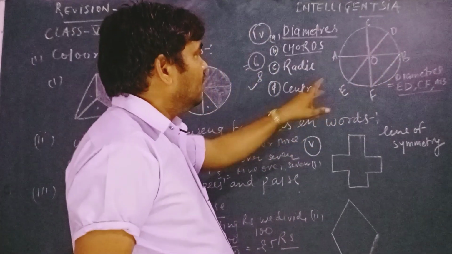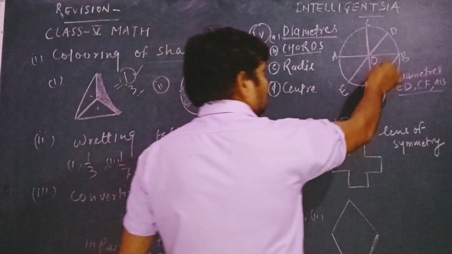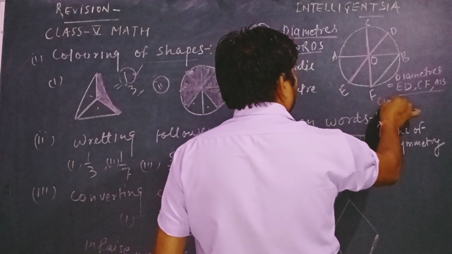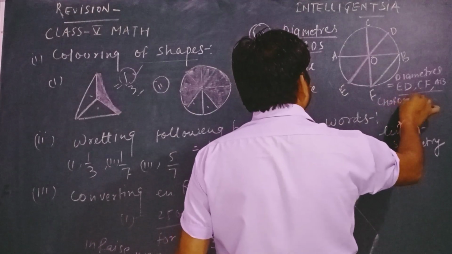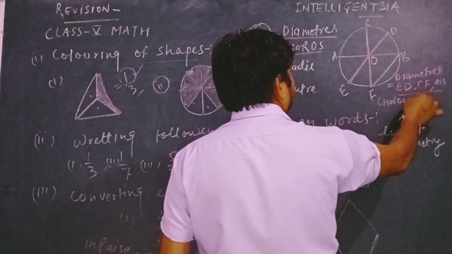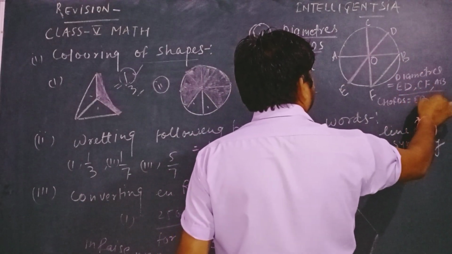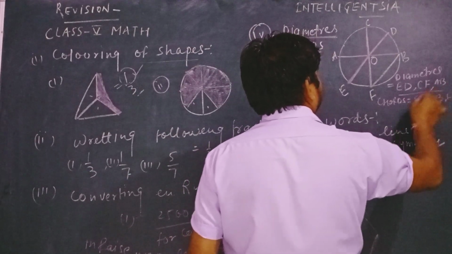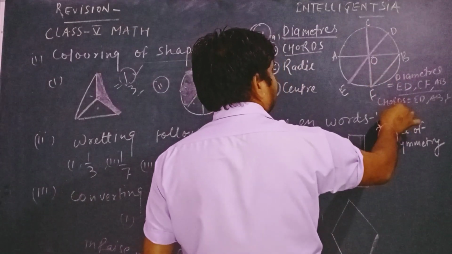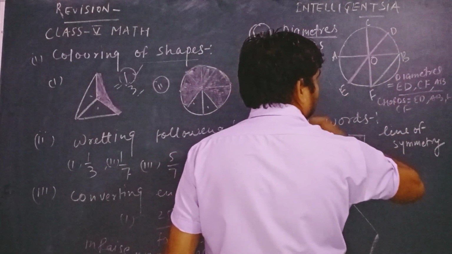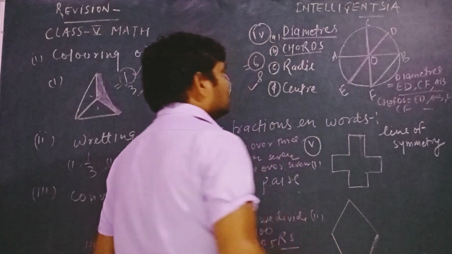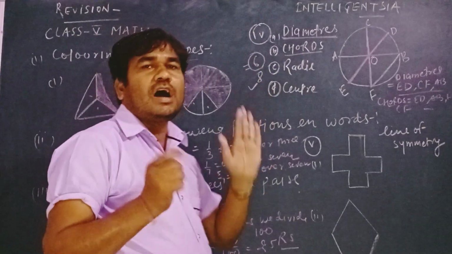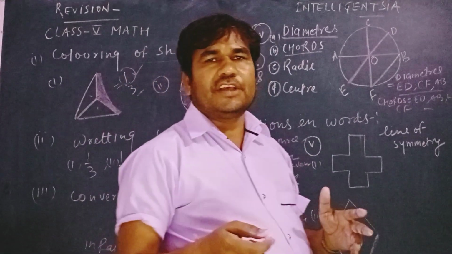So you see, ED also touches the circle, and we write the chords here: ED, AB, FB, CF. So these are the chords, students.